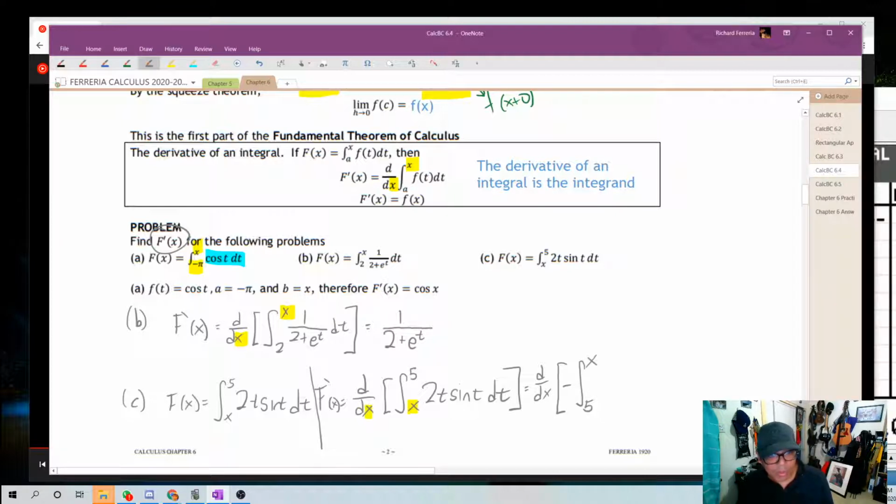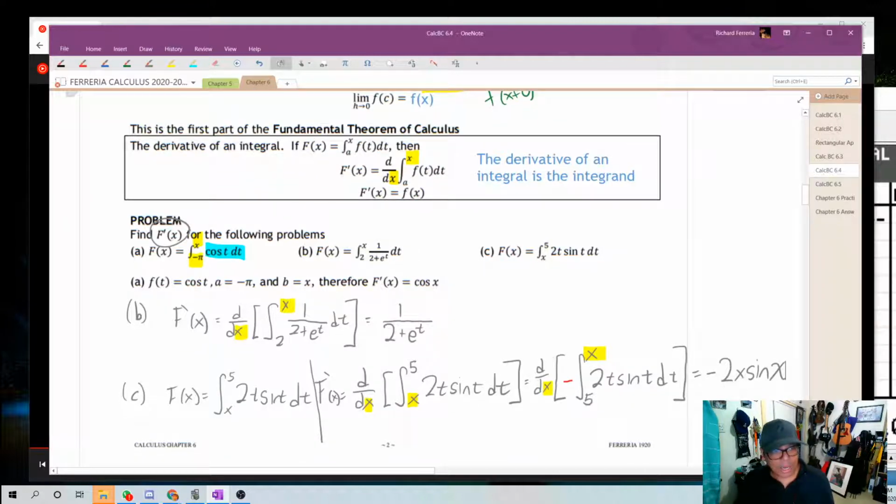So now we're going to integrate from 5 to x with this negative sign in front. We've reversed the limits, and now we notice that x, the variable of differentiation, is the upper limit. So we are free just to substitute. So it's equal to negative 2x sine x. And we're done.